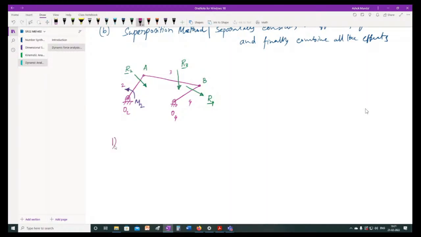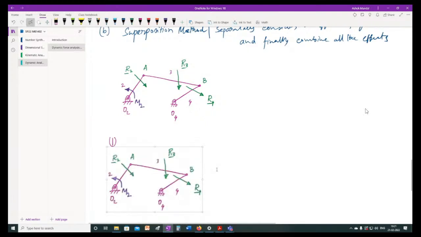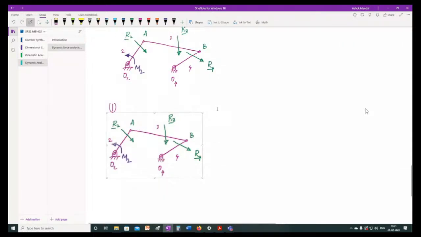Step 1, we will draw this mechanism, but here we will just consider this R4, and we will call the torque required here M2 dash.